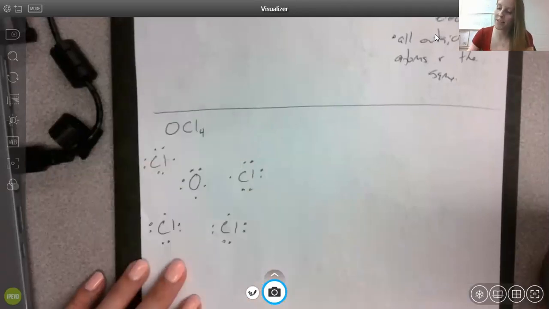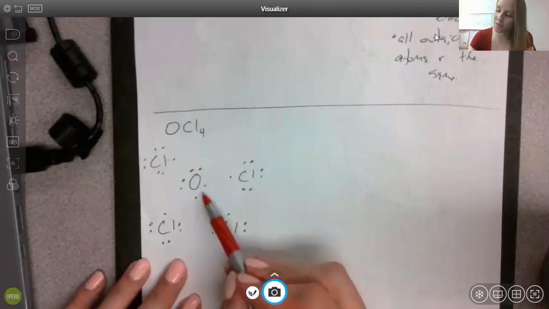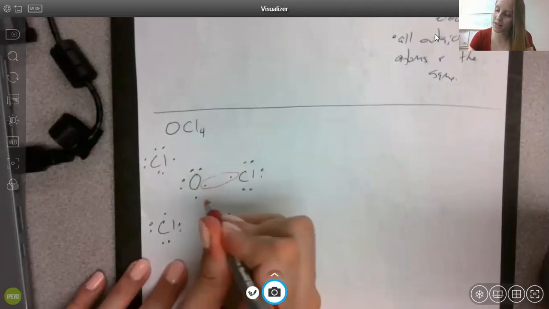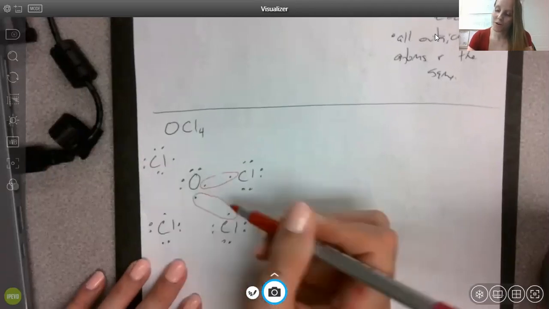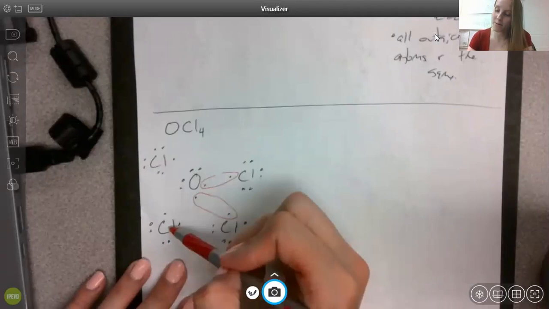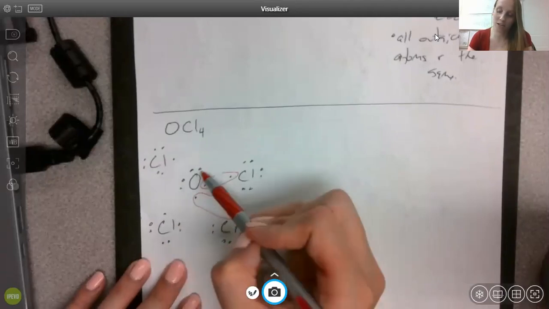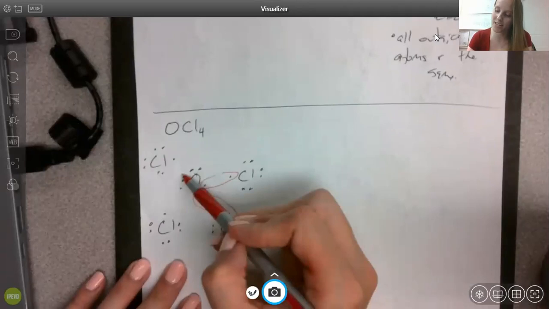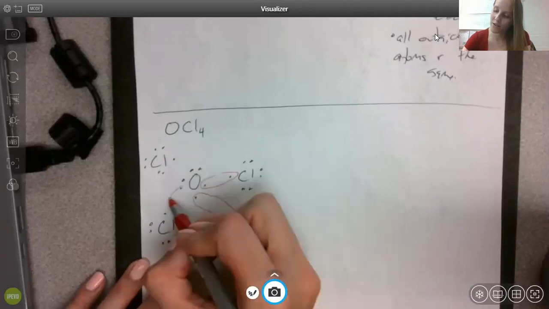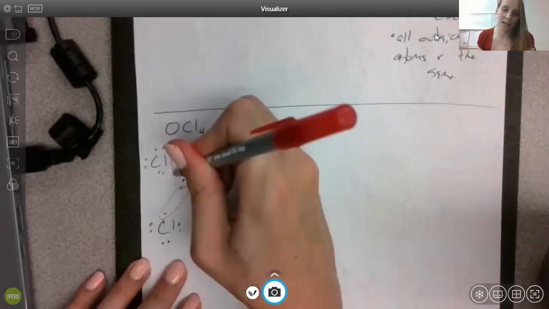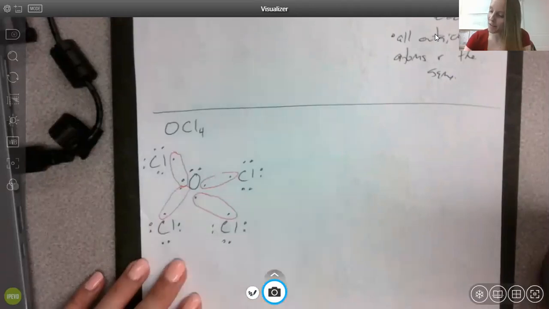Then I'm going to make sure that my lone electrons on my oxygen get bonded to lone electrons on the chlorine. And then I still have 2 more chlorine that need to get bonded to this. I'm going to pick either this pair of electrons or this pair of electrons and separate them to bond to the lone electrons on my chlorine. And I end up drawing this.